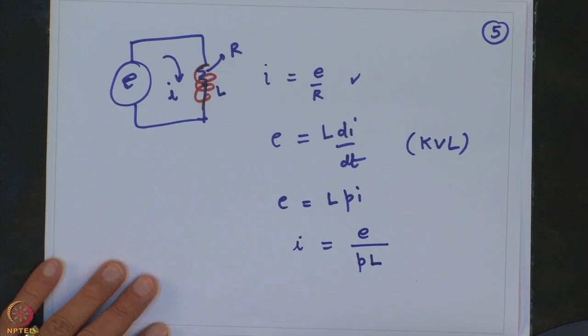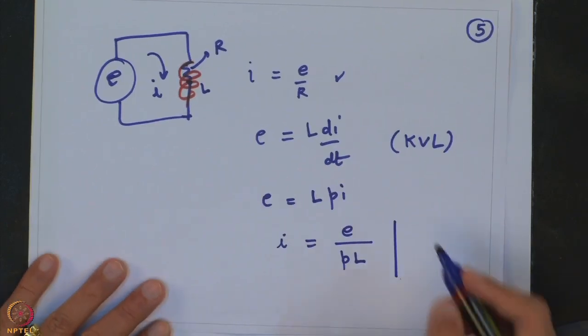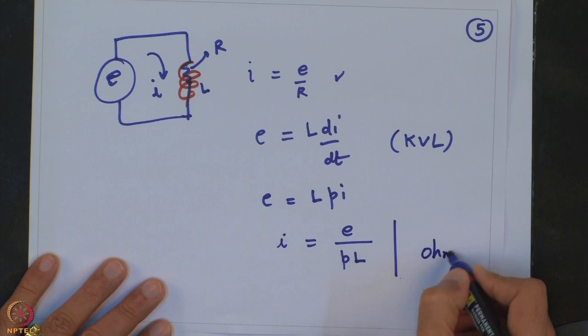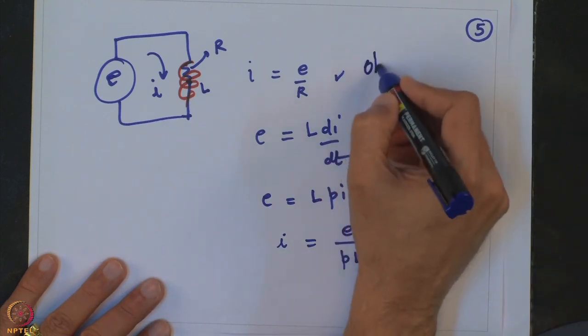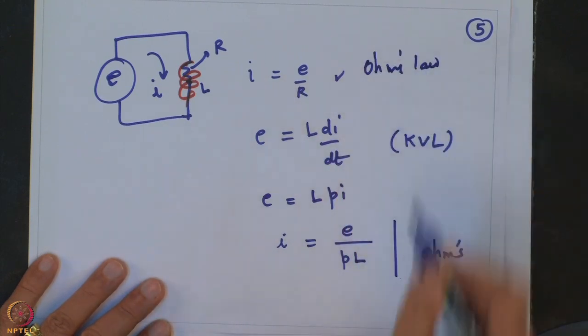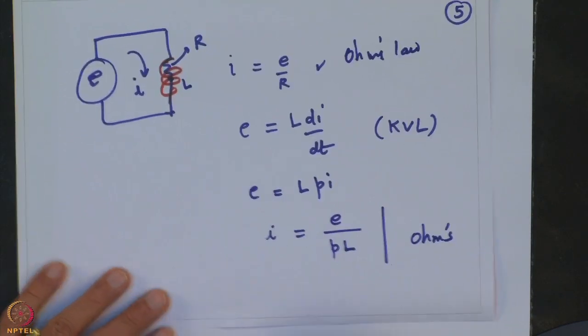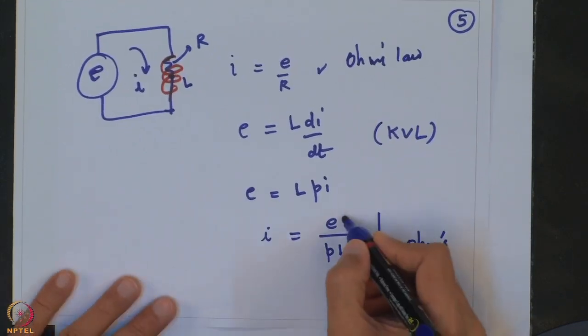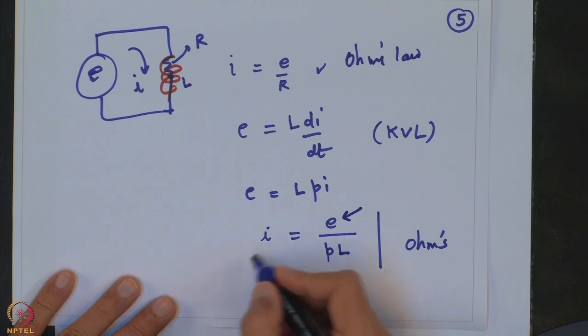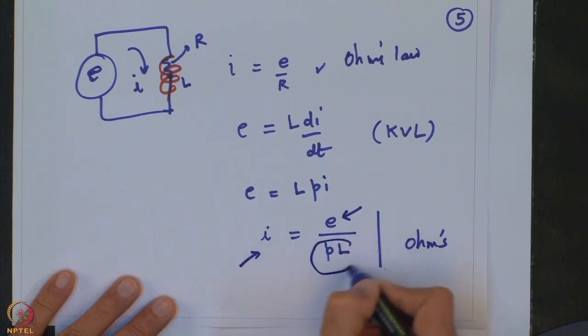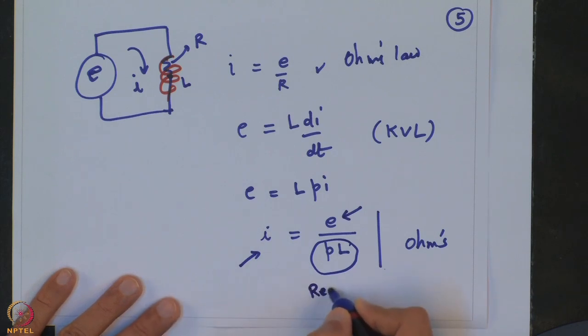Now what does this equation show? Again, you can see this is Ohm's law. Just like you have Ohm's law here, this is also Ohm's law. This is the applied voltage and this is the current, and obviously this is nothing but resistance.